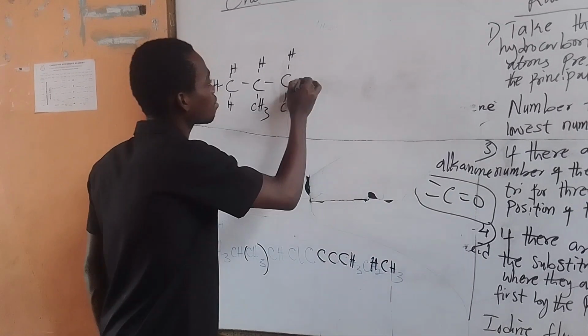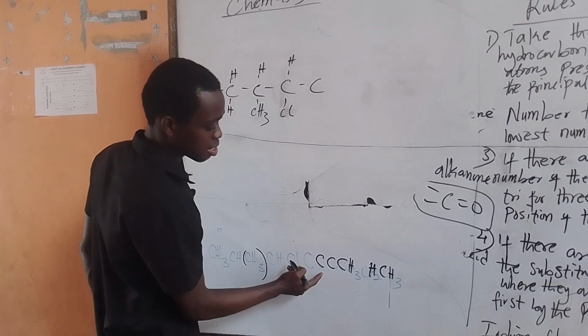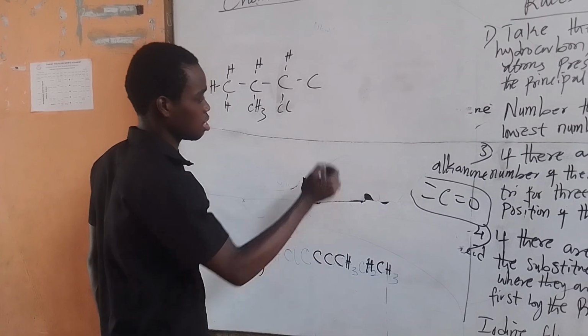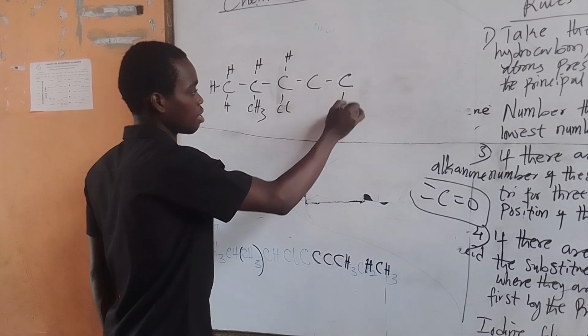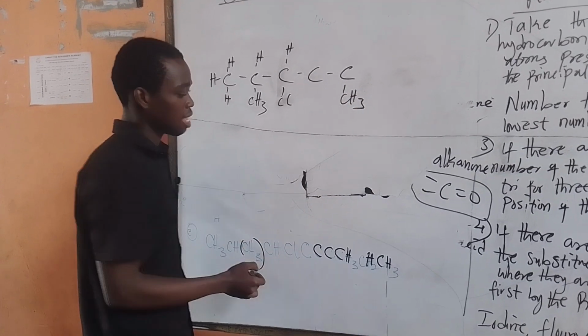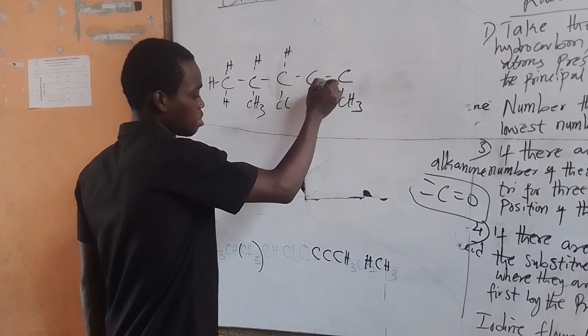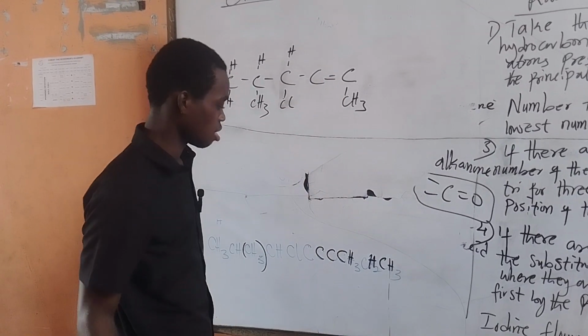Then what again? I have another C, then I have another C. Then I have here methyl. Now there will be a double bond here.